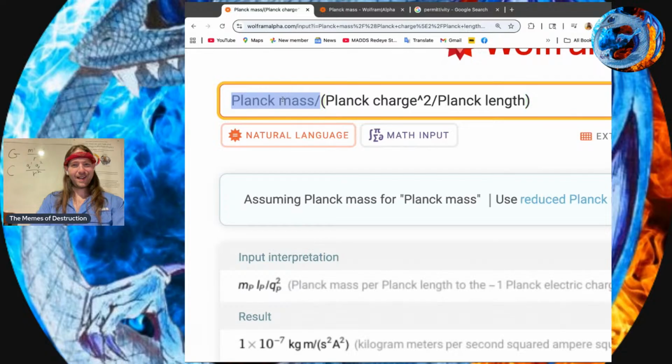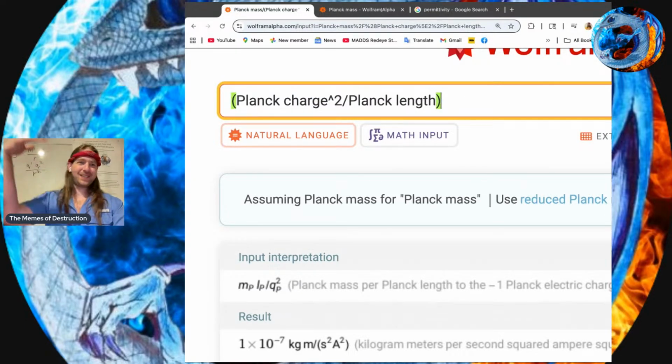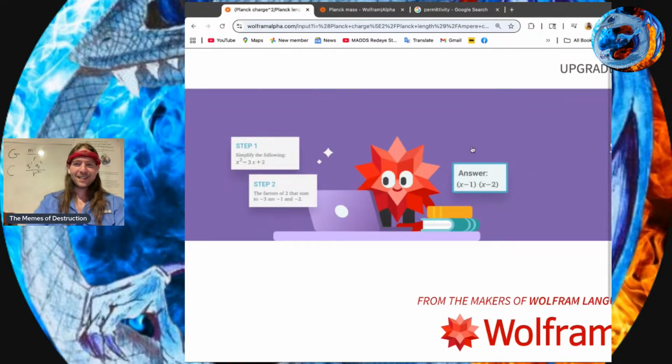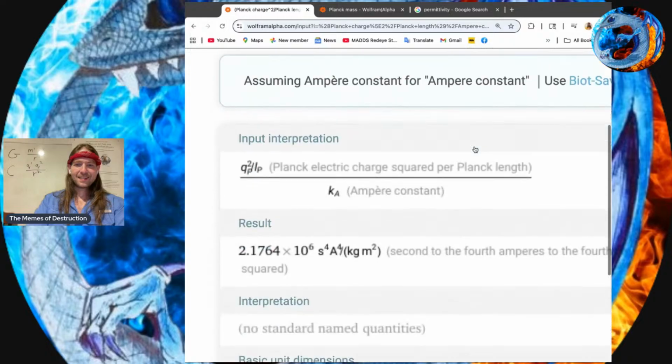So again, this would mean that you're taking charge squared and dividing it by a length, in this case the natural unit of length according to the Planck scale. All right. So we just do that ampere constant thingy, 10 to the 7.